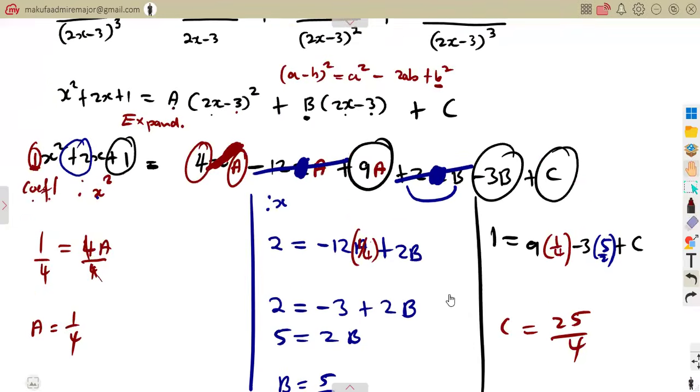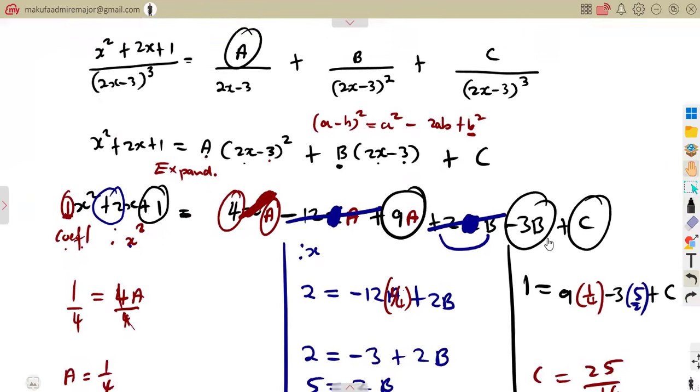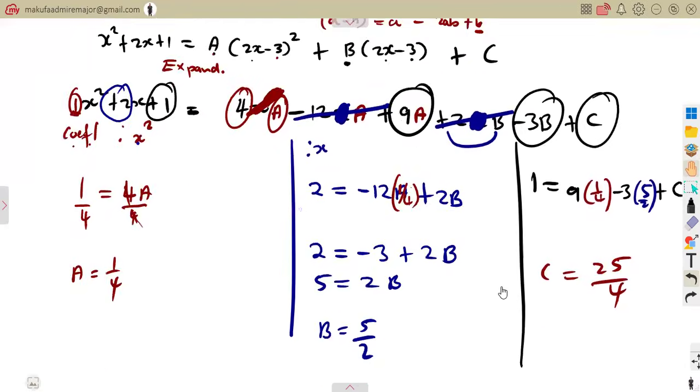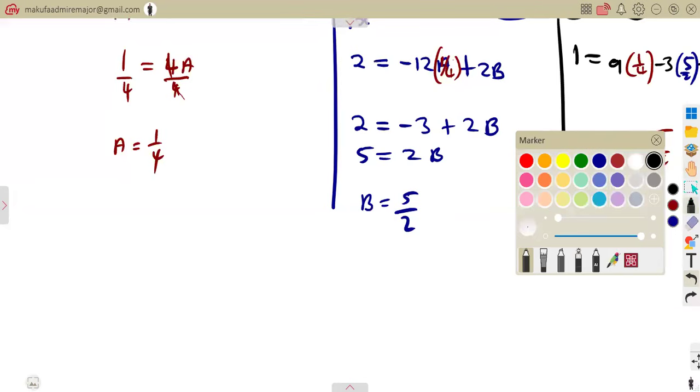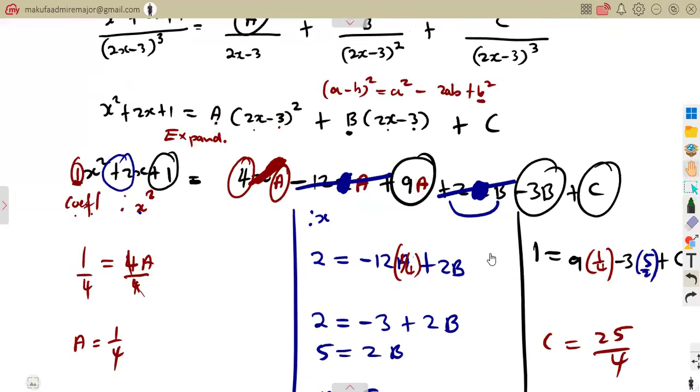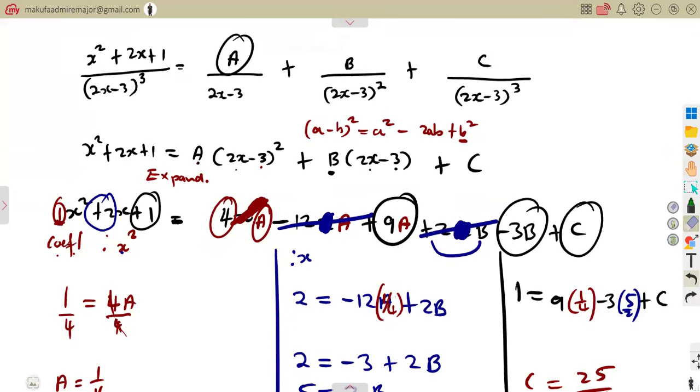All right, so this, we can substitute in place of a over 2x minus 3. So a is 1 over 4. I'm just going to write it here, guys, so that I can use this where we see.